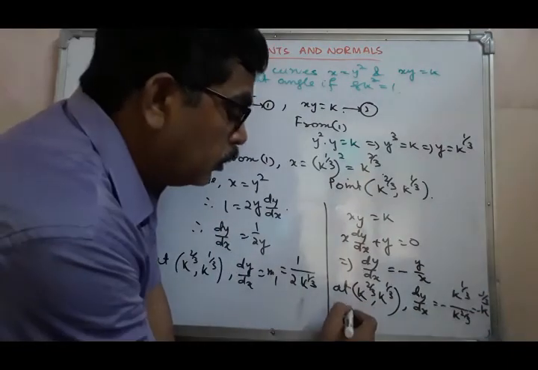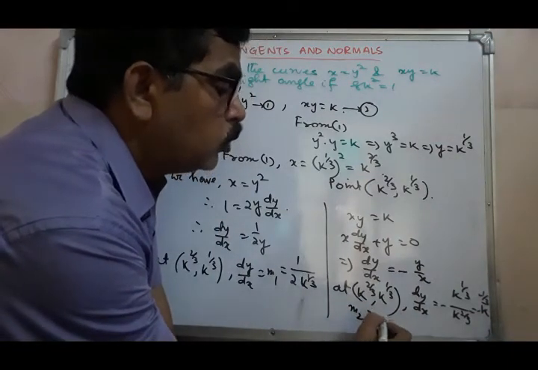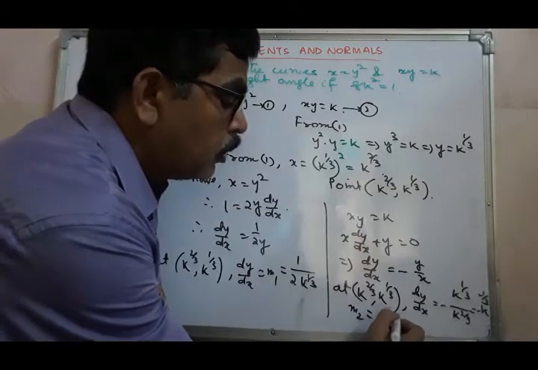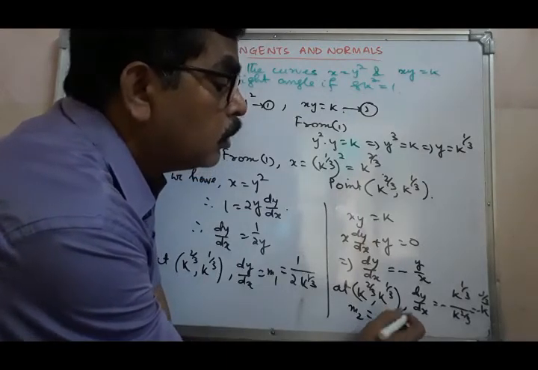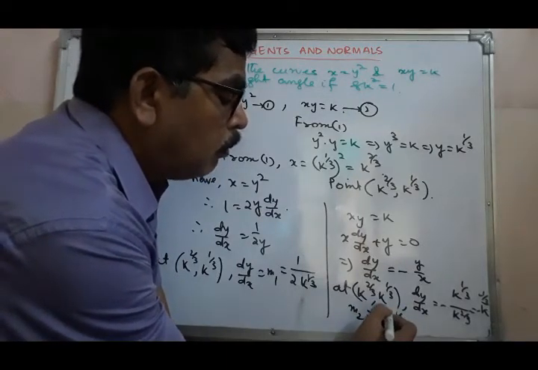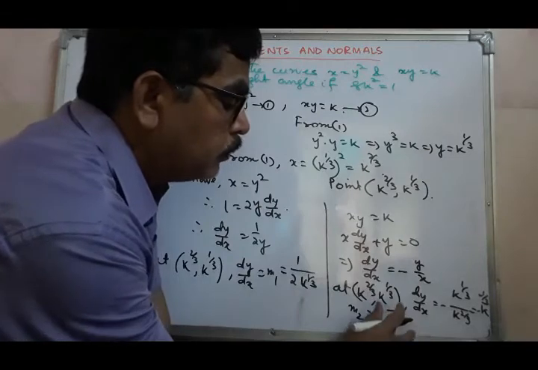So here m2 equal to minus k to the power minus 1 by 3.